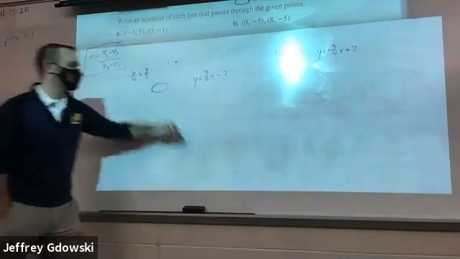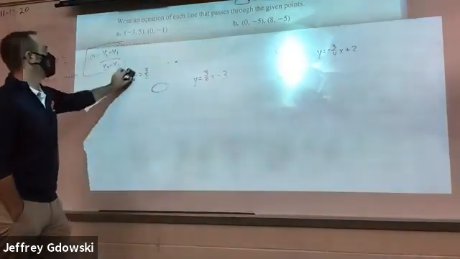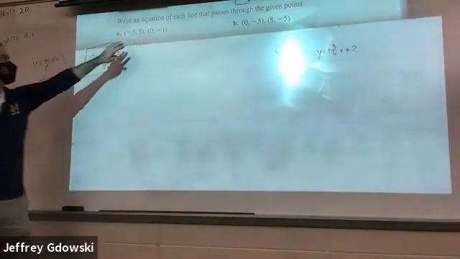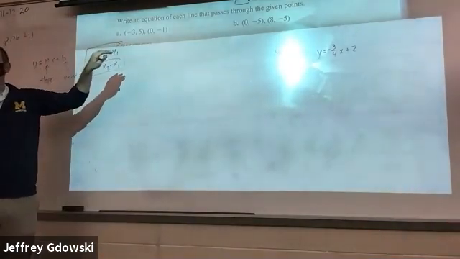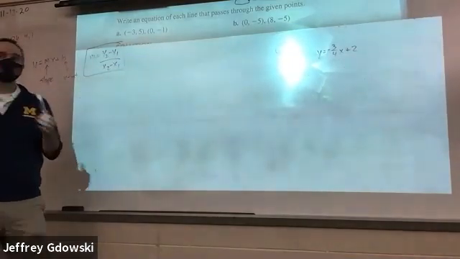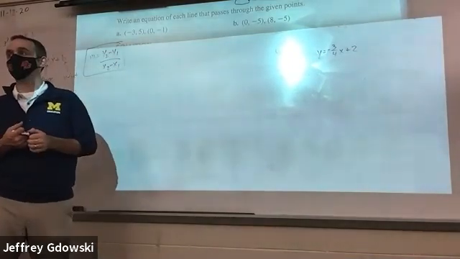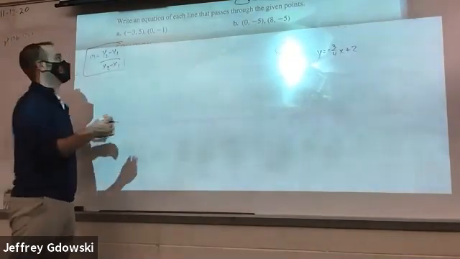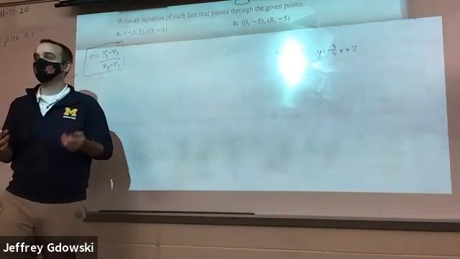Okay, slope formula here. So we got to find the slope. We can find the slope using that. And then today, in this lesson, they're always going to give you the y-intercept. One of your points will be the y-intercept. Which one of these points is the y-intercept?